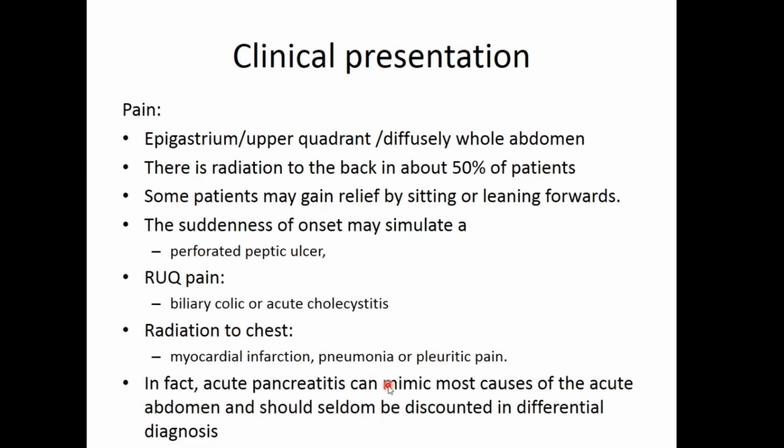Okay. Some patients, again, typically what we have seen in acute pancreatitis, when they sit up in the bed and lean or bend forward, the pain appears to come down. So most such patients will prefer to sit on the bed and bend forward, because by doing this, the pain gets relieved.